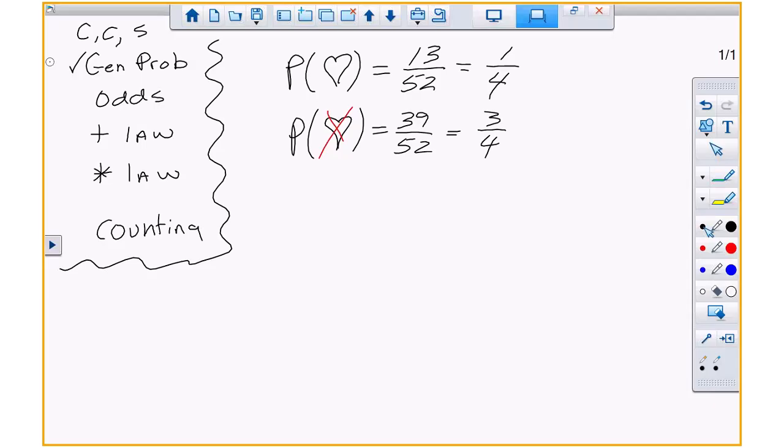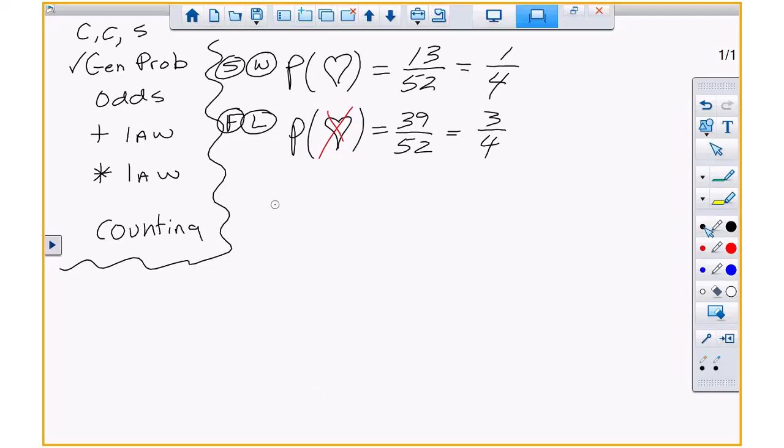Let's say this is winning. Put a W right there. The question will say, just like the roulette question, what are the odds against winning with a heart? So if that's winning, what is this? Losing. This is success, and this is failure.